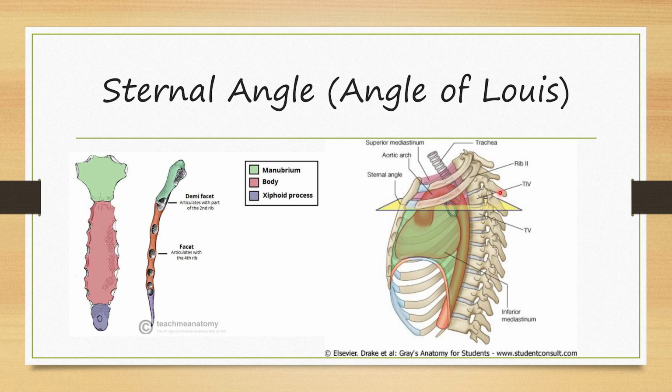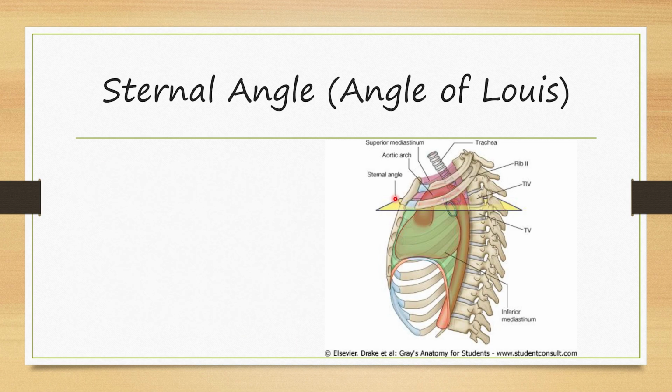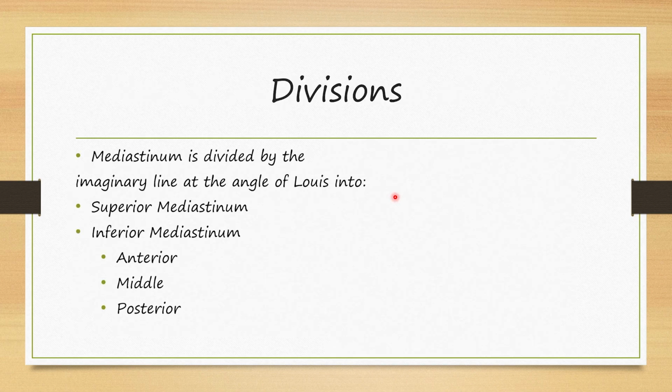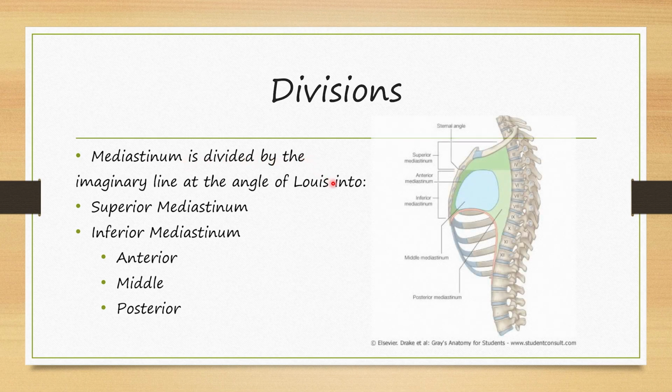Why did we use this plane? It's to separate the mediastinum into two parts, superior and inferior, so top and bottom. So these are the divisions of the mediastinum. It is divided by the imaginary line we drew at the angle of Louis into the superior mediastinum and the inferior mediastinum.